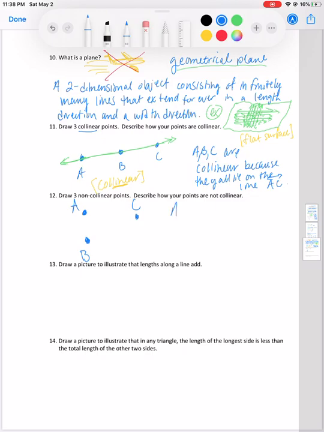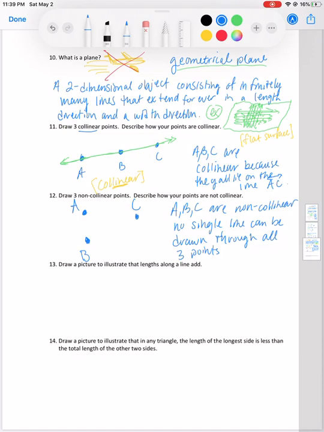And we have A, B, and C again are non-collinear because no single line can be drawn through all 3 points. Okay.